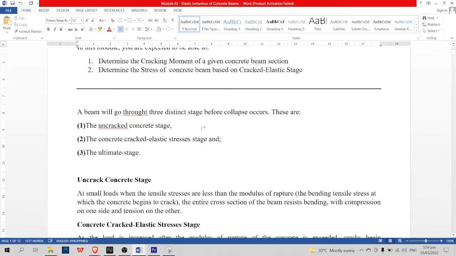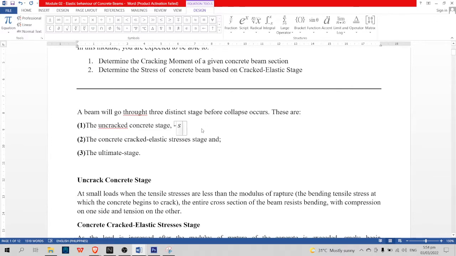Kung pinagkaiba nito mga to, in terms of strength of materials or mechanics of materials ninyo, ginagamit lang natin simply yung equation na pinakita ko kanina to compute the stress. Yan lang din ang gagamitin natin.